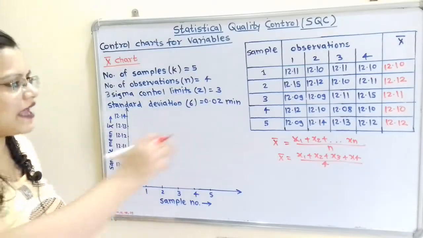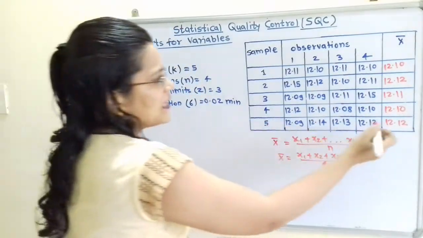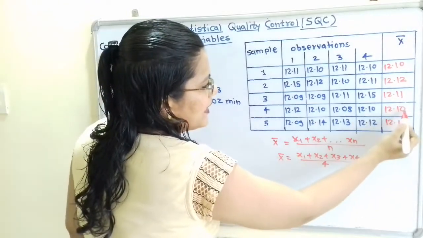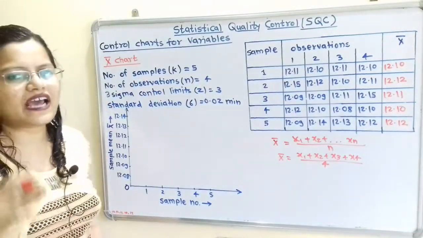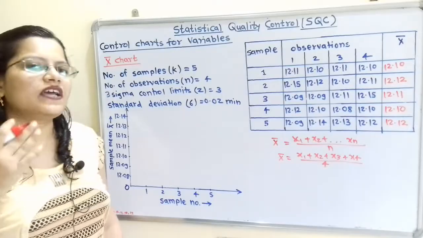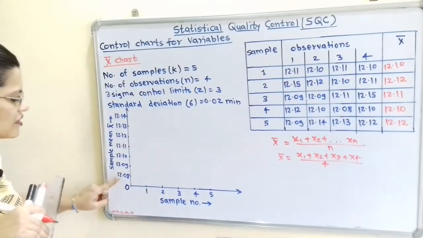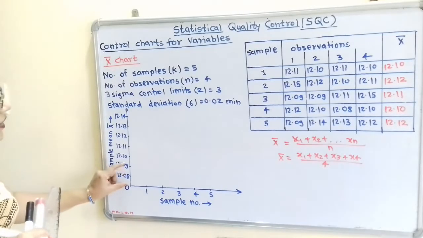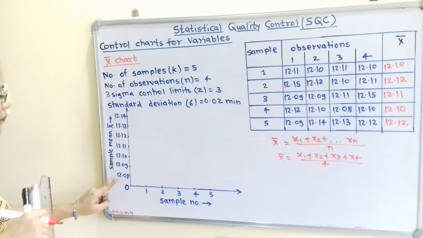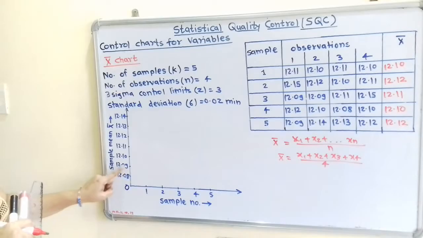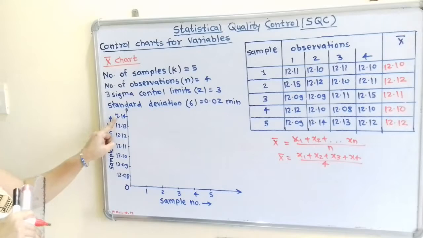And on the vertical line we have to plot the values of x bar. If we observe, the range is 12.10, 12.11 and 12.12. So approximately we can start from 12, or 12.05, or 12.08. I have started from 12.08. Keep sufficient space after 0, and start from 12.08, 12.09, 12.10, 12.11, 12.12, 12.13 and 12.14.